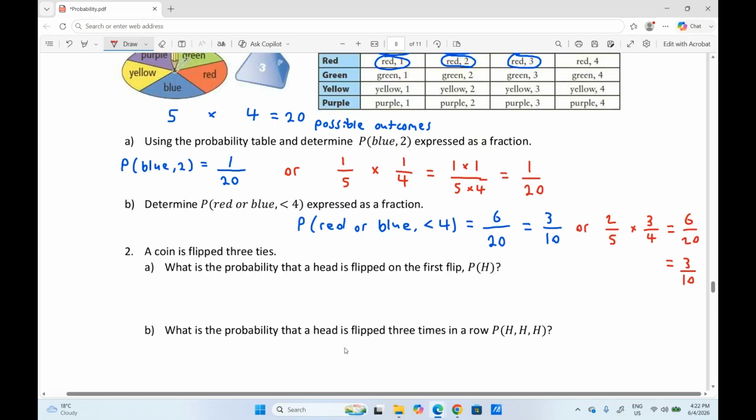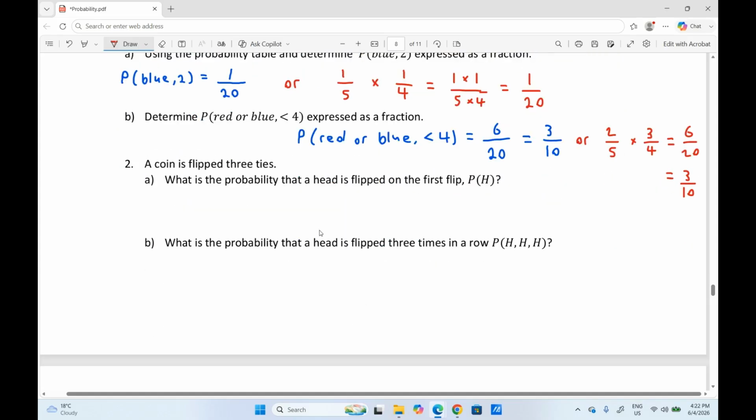Okay, now let's move on and solve for question 2. A coin is flipped 3 times. What is the probability that a head is flipped on the first flip? So let's say you have a tree here. Heads or tails. That's the likelihood of the first flip. After that, if I already landed on heads, I can flip again and get heads and tails again.